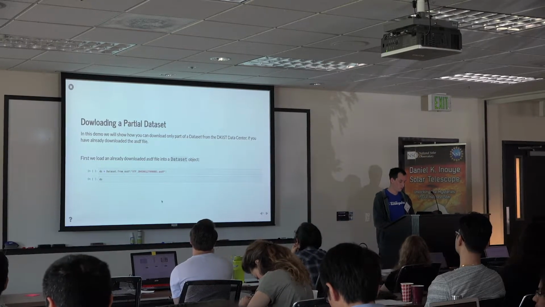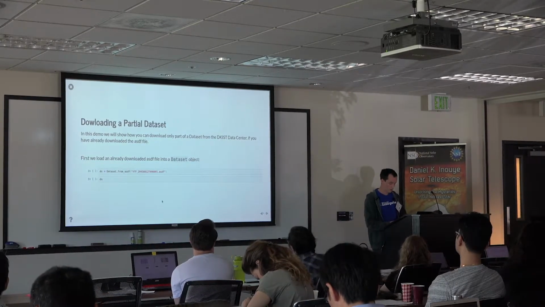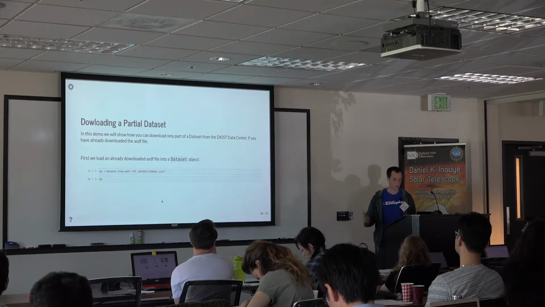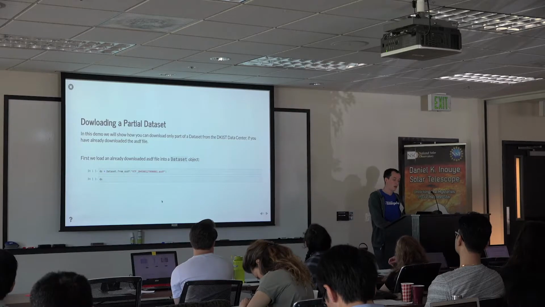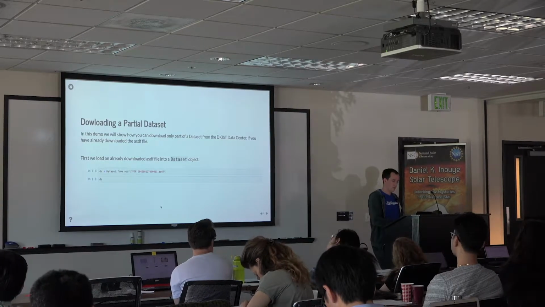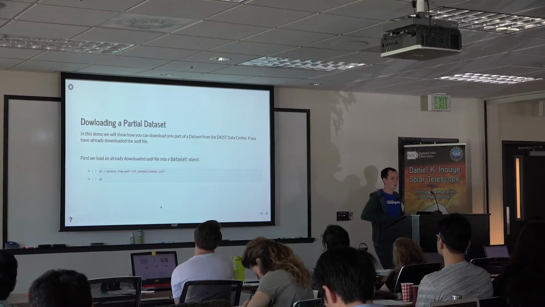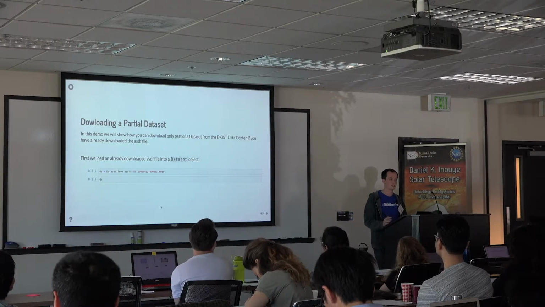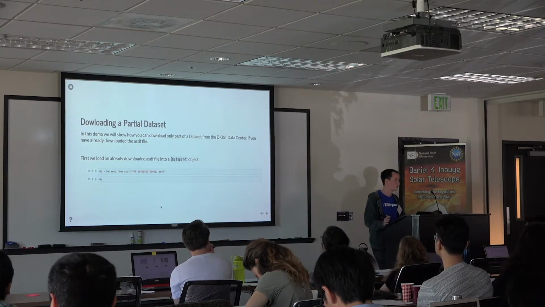Okay. So one of the other things that we have tried to do with the user tools, this is a relatively recent addition, is allow you to not have to download an entire data set. When you search the data center, the minimum unit of search results is a data set.